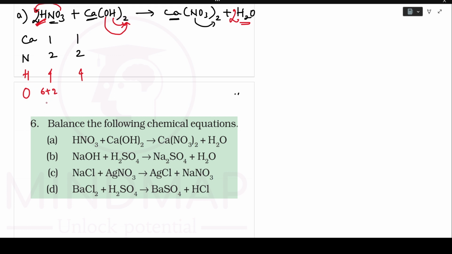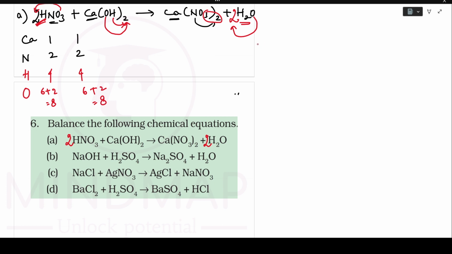So 6 plus 2, 8. And here, check, 3 2s are 6, plus, here, 2. So 6 plus 2, 8. Done? So this is your balanced equation. Let me write here. It's 2 here and 2 here. Fine? I hope it's clear.